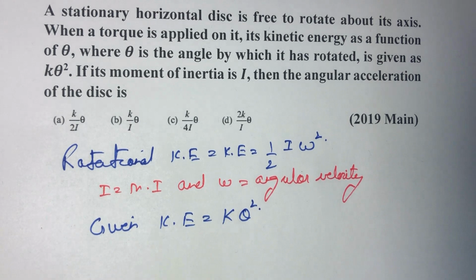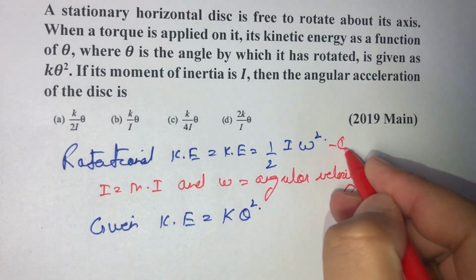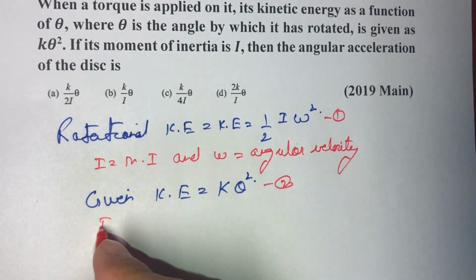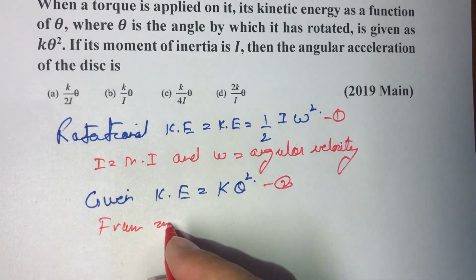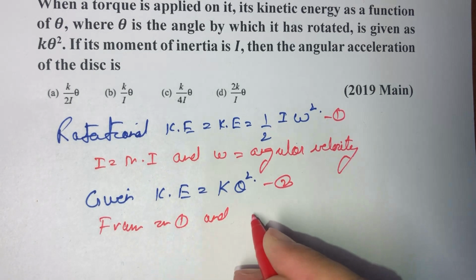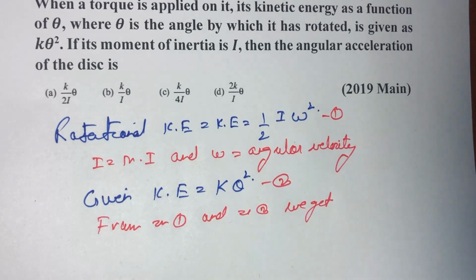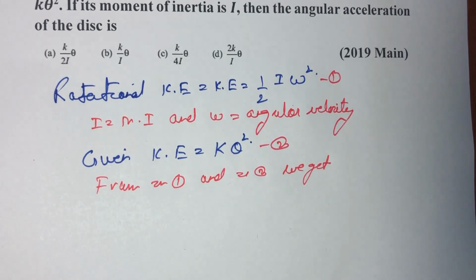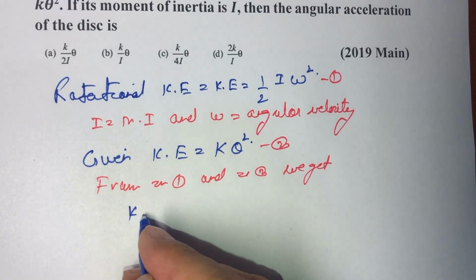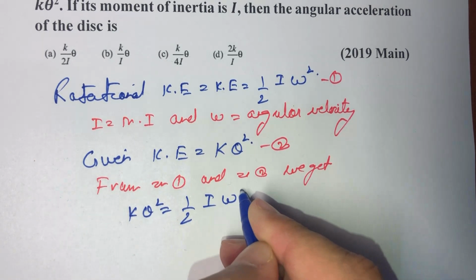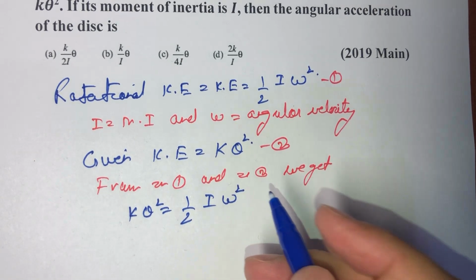Therefore, we can equate, let us suppose this is equation number 1 and equation number 2. So from equation 1 and equation 2, we get k theta square is equal to half I omega square.